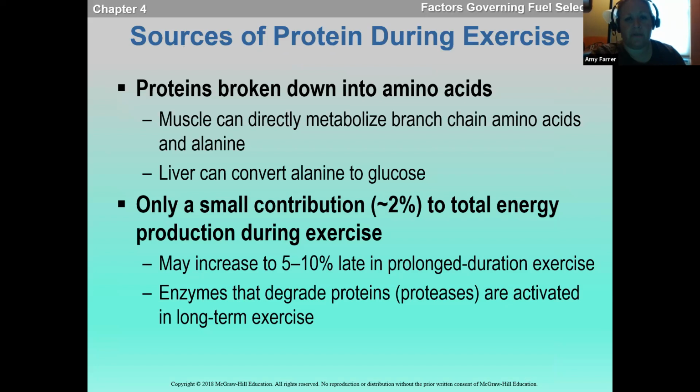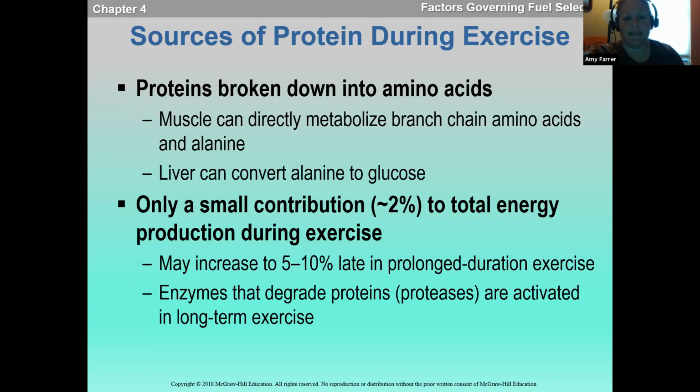When we look at protein during exercise, we remember that it contributes only 2% to the total energy production during exercise. It may kick up much later. When we're on a very prolonged duration exercise, maybe it'll contribute 5 to 10% later.